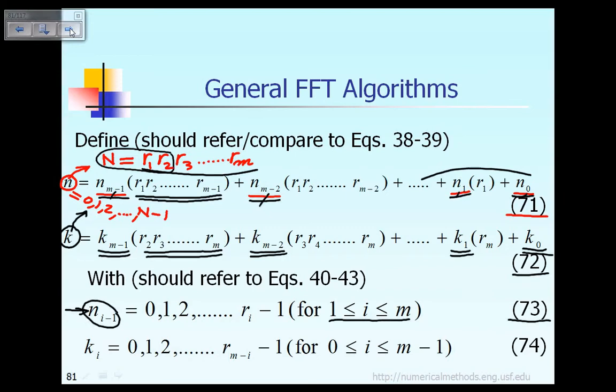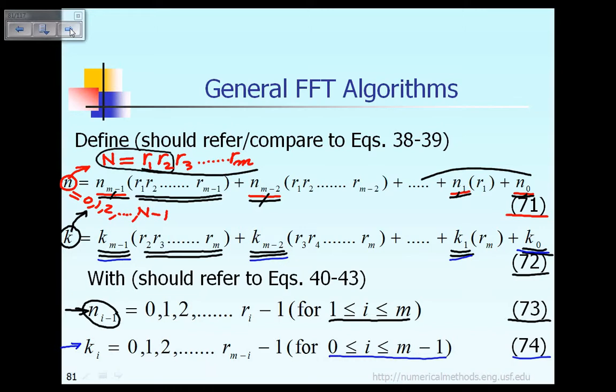Similarly, the range of value for K0, K1, K2, up to Km minus 2, Km minus 1 are given as indicated in equation 74, as you can see. And in that equation 74, the value of i is between 0 and m minus 1.